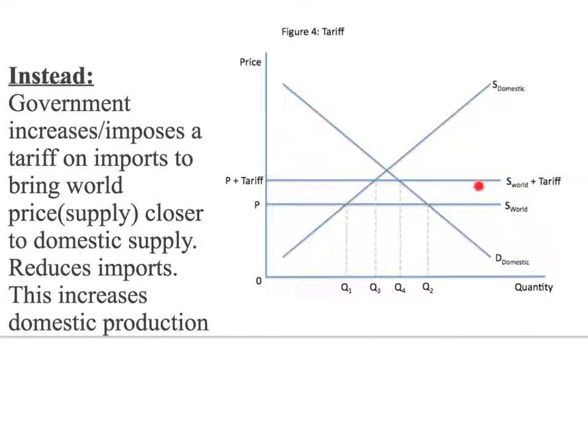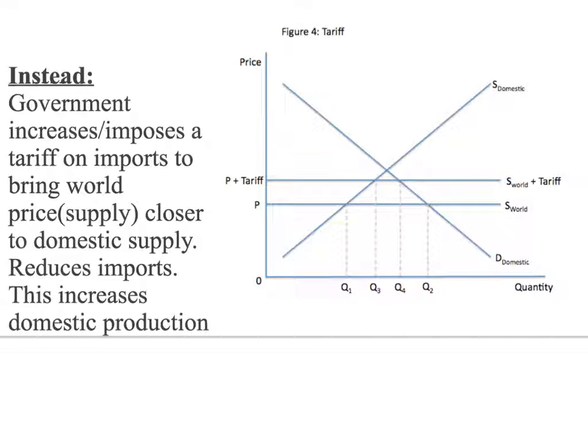As the world price rises, we end up with a smaller amount of imports. Consumers are going to decrease their consumption from Q2 to Q4 because of the higher price, less quantity demanded. But the number of imports is going to decrease, which lessens our reliance on foreign products, and domestic production has increased from Q1 to Q3.